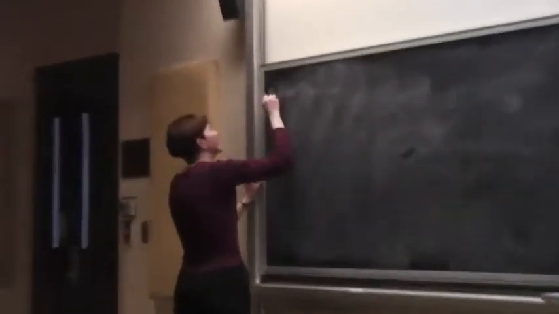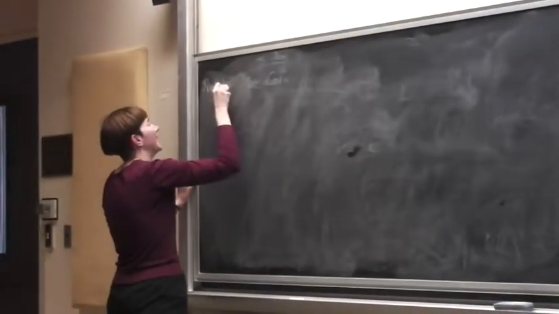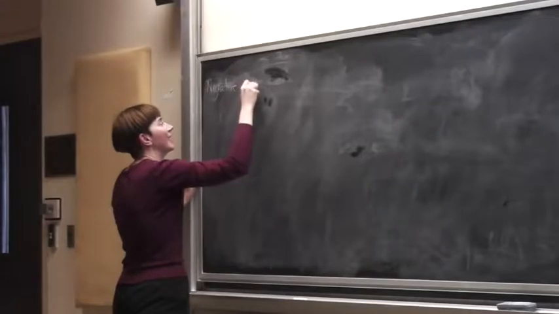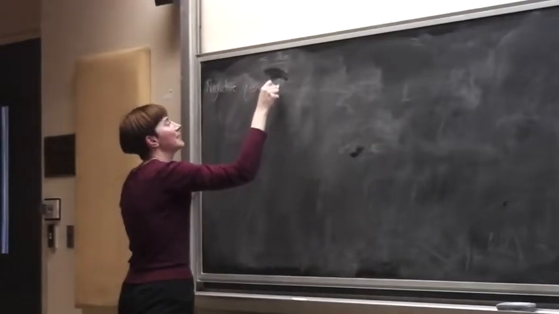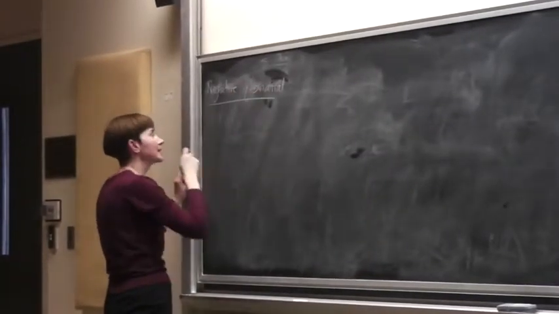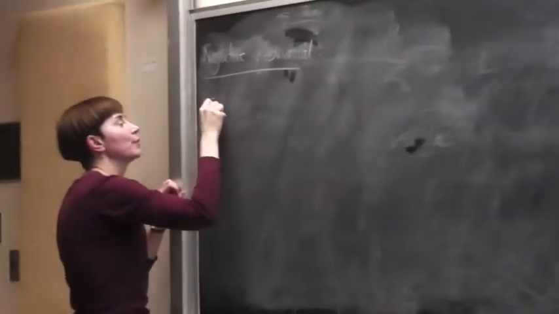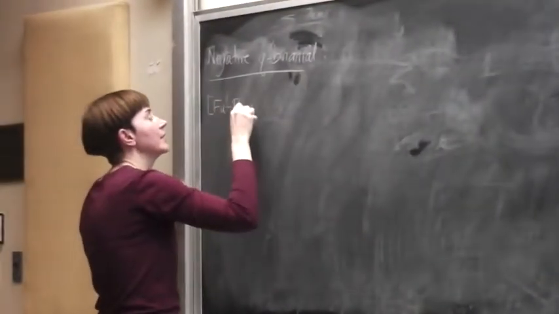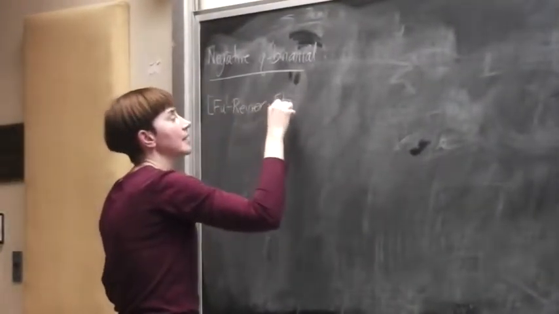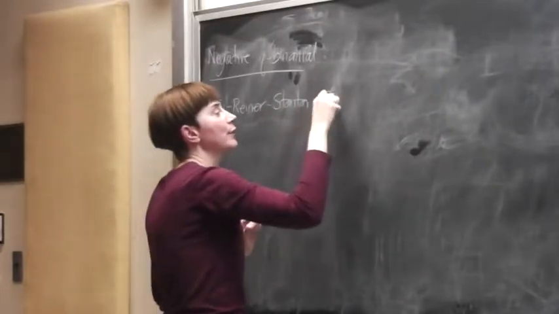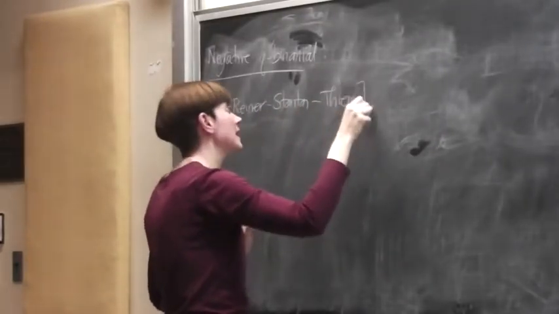Negative q binomial. Okay, so this is due to Fu, Reiner, Stanton, and Thiem. I think it's Thiem. I don't know. I asked Dennis Stanton.